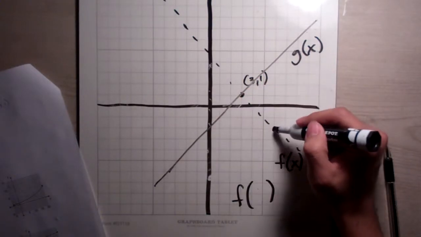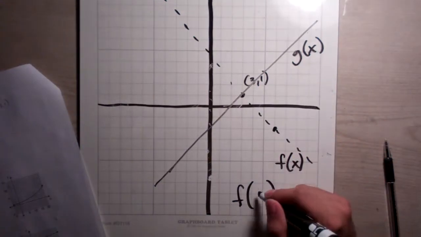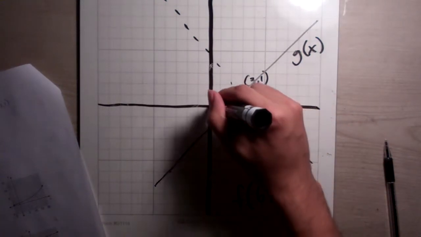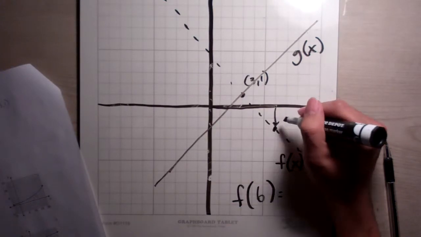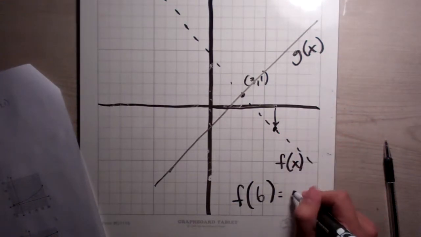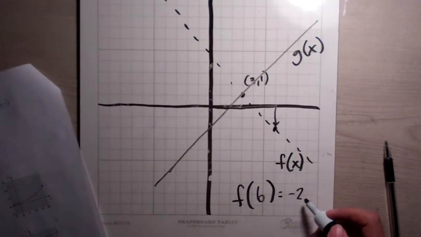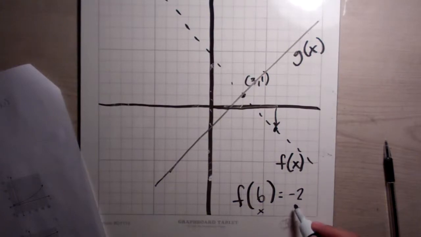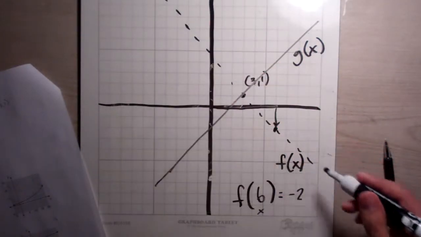Well, it looks like this coordinate, the x is 1, 2, 3, 4, 5, 6. I could say f of 6. So if I go 6 to the right, how much do I go down to get to this point? It is actually -2. So I can say f of 6 is equal to -2. All that means is I take this x, and this number tells me how far up and down I have to go to get to that line.